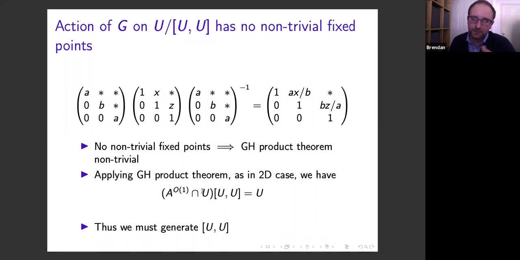In the 3 by 3 case, now we've only generated modulo the derived group. So we get something like this, and you could actually say something a little bit more useful, but this is the idea. What's left to do is generate the derived subgroup of U quickly, and then we'll be done.